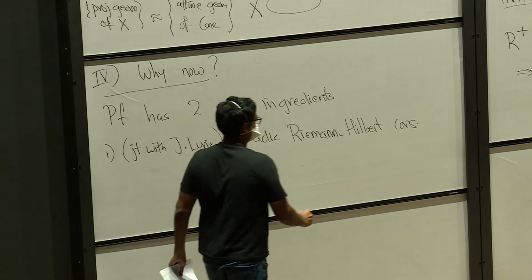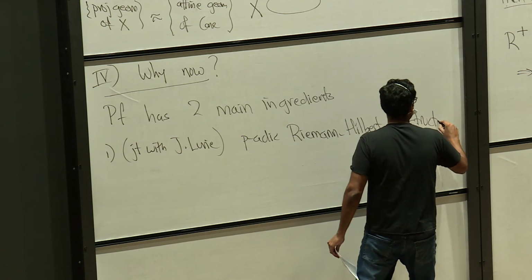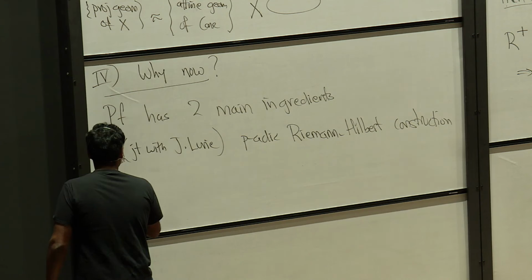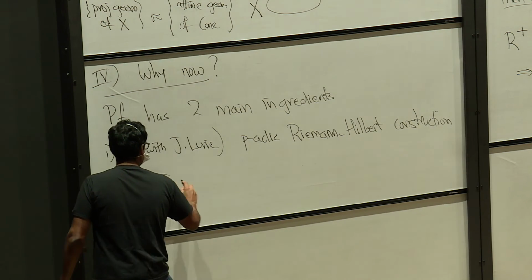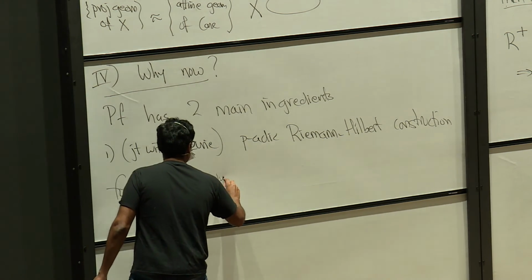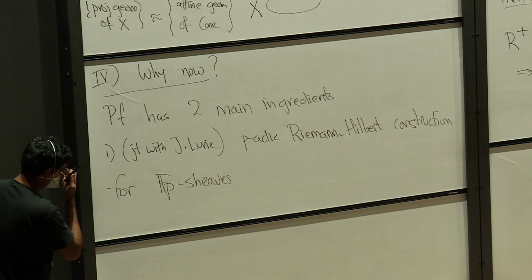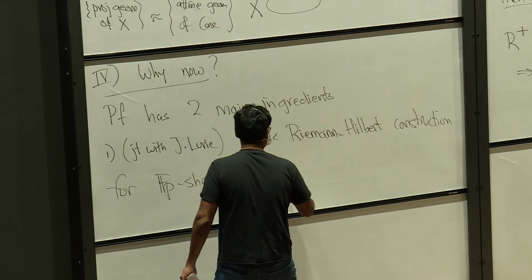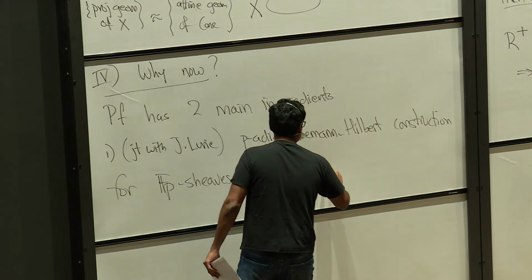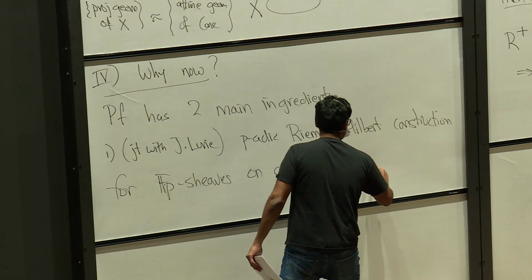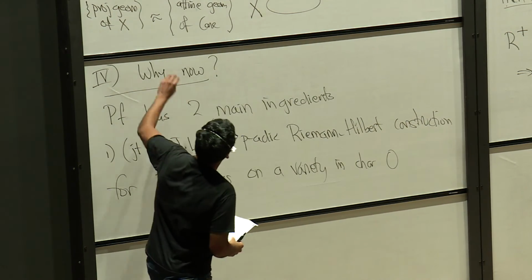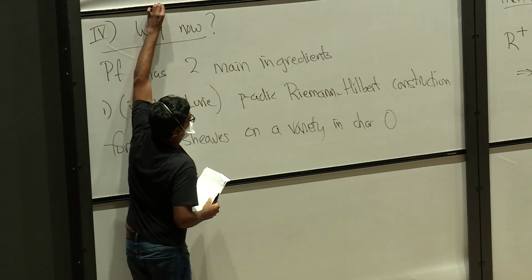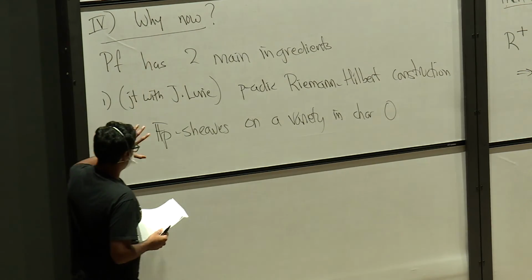So it's a p-adic Riemann-Hilbert construction for mod p sheaves on an algebraic variety in characteristic 0. So for F_p sheaves, unlike complex Hodge theory, which deals with complex sheaves on a variety in characteristic 0. And so obviously, I'm not going to be able to formulate a precise statement, but let me just say where this comes from.